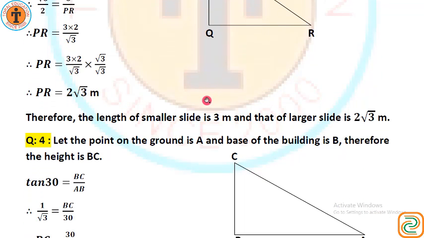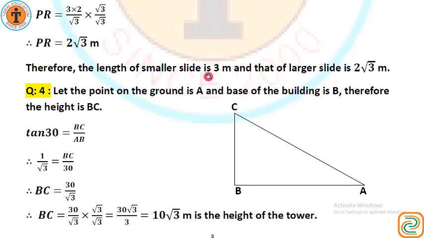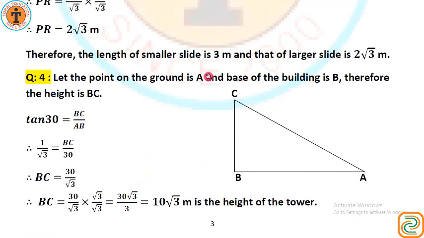Now question number 4. The angle of elevation of the top of a tower from a point on the ground, which is 30 meter away from the foot of the tower, is 30. Find the length of the tower. Length of the tower, that is the height of the tower.